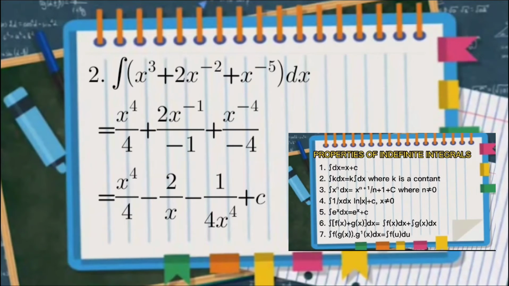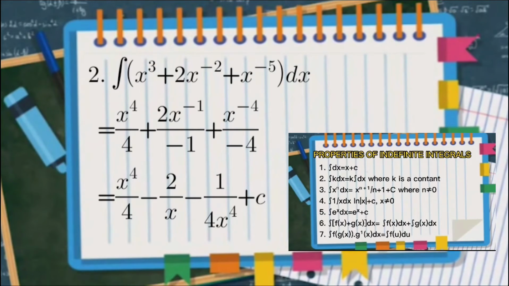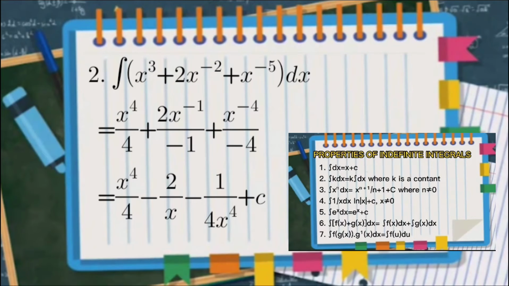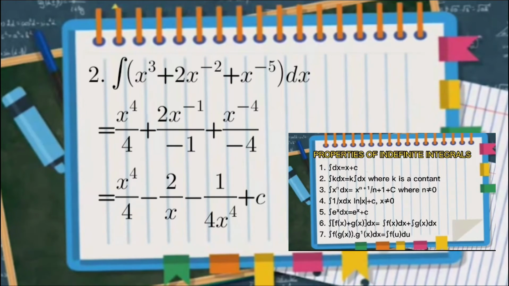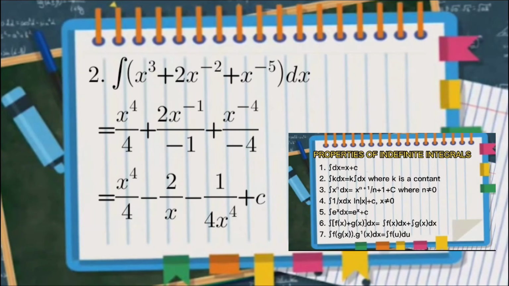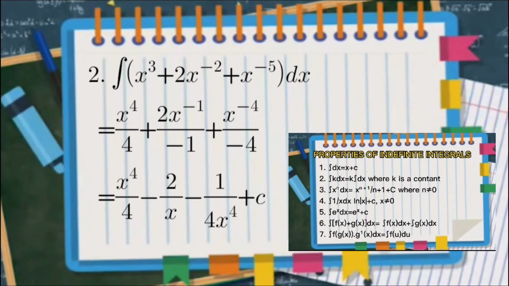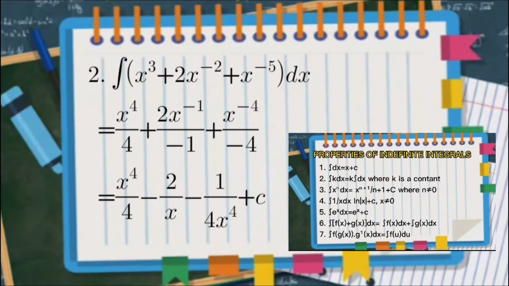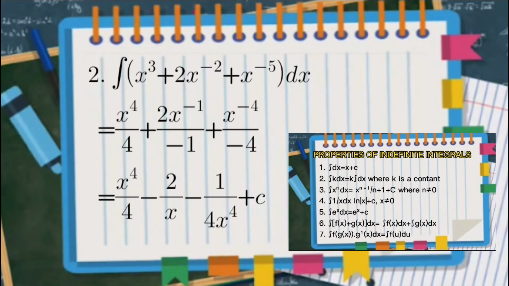This is the same process: in order to make the exponent positive, we bring the term which has a negative power or exponent into the denominator, plus the constant c. So our final answer is x to the power of 4 over 4 minus 2 over x minus 1 over 4x to the power of 4 plus c.